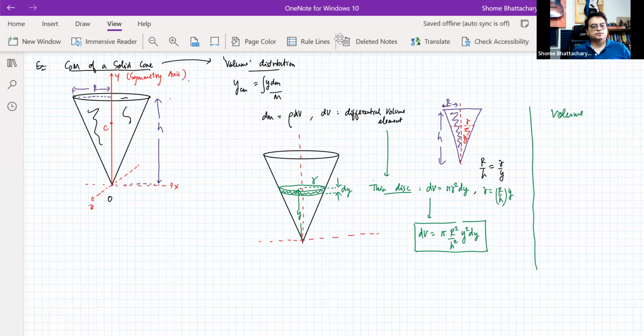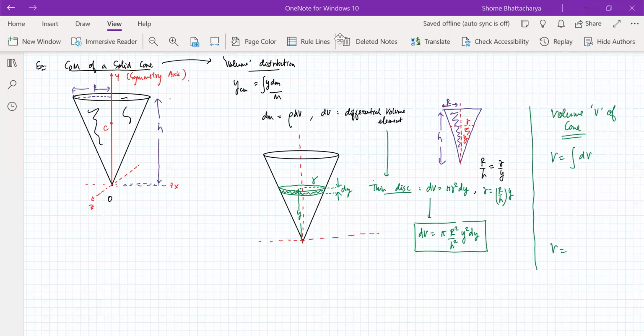What is the formula? No one? 1 by 3 pi r square h. Do you remember seeing this formula somewhere in class 10th or maybe 9th?